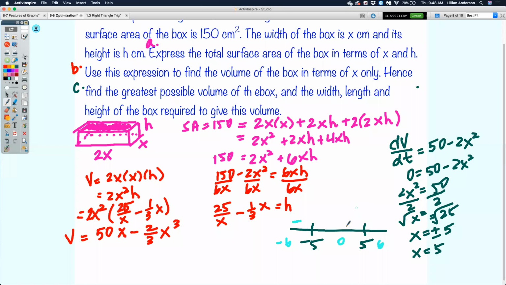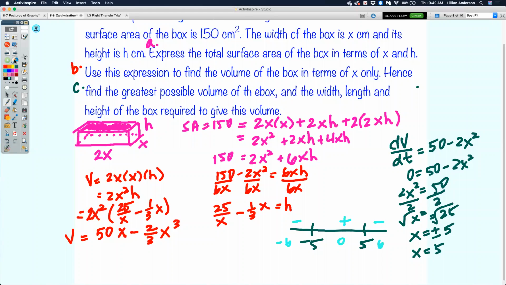When we plug in 0, that produces a positive value. When we plug in 6, that produces a negative value. So realize that -5 actually does produce an extrema, but it's the minimum value. We were looking for the greatest possible value. That's why 5 is the maximum, but also again, x represented a width, and width cannot be negative.